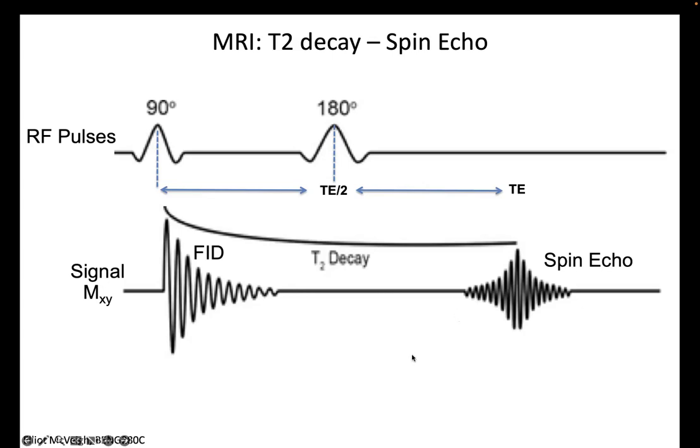So normally there's a program on the scanner that will compute how many watts you're depositing into the patient. And if you try and prescribe a sequence that puts in too many, it will tell you you can't do that. You have to back off and do fewer pulses.